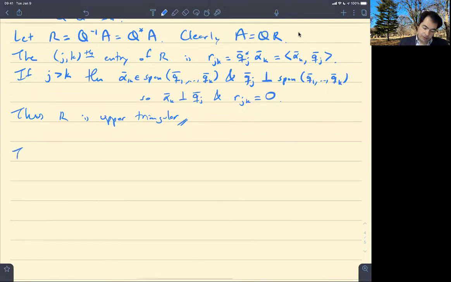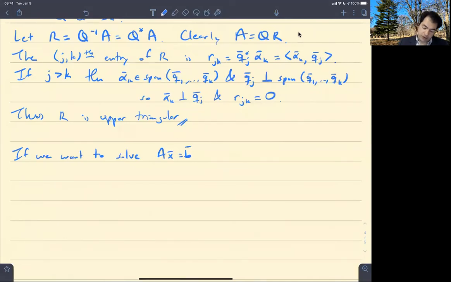Now, if we want to solve Ax equal to b, as I said before, the theorem, we can use the QR decomposition.